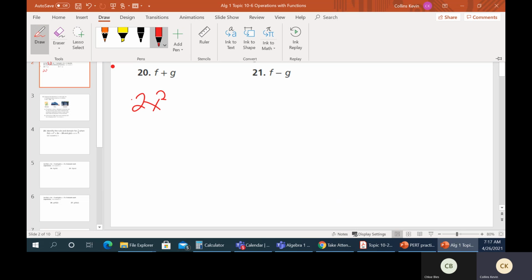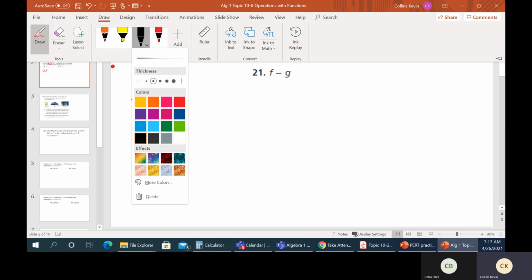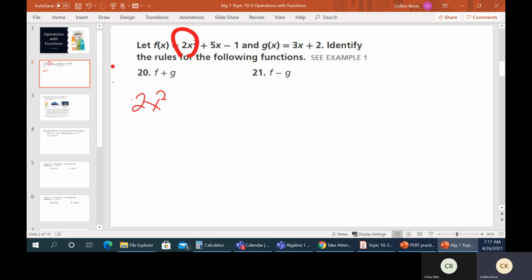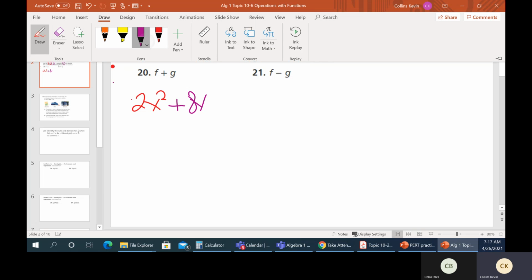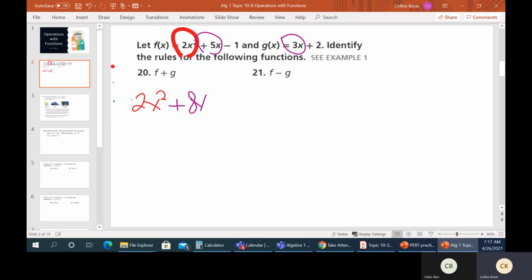And then I go look for my x's, which I've heard they live in Texas, but that's an old country song. So we've got plus 5x and plus 3x. So 5 and 3 is 8, so it's just 8x. And then finally, we have minus 1 and plus 2. So 2 minus 1 is plus 1. And yeah, that's your answer. It's really that easy.